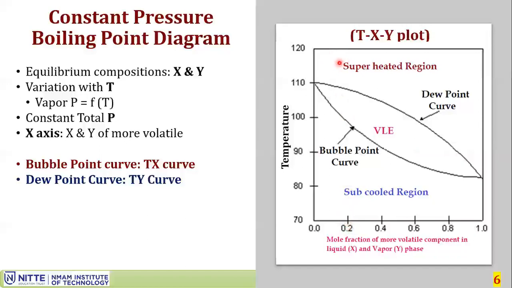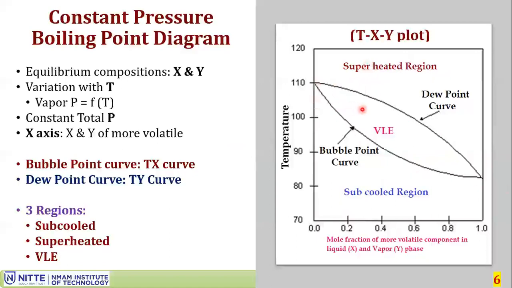So that exists in the vapor phase only, no liquid phase there. On the other hand, somewhere here, that is 105 degrees, maybe here, there exists some amount of liquid as well as vapor. Both exist, they are in equilibrium with each other. So this is the concept of the boiling point diagram. These are the three regions: subcooled region, superheated region, and vapor liquid equilibrium.